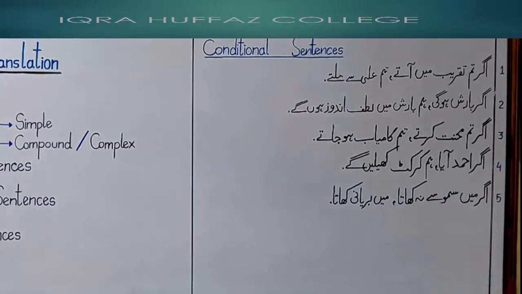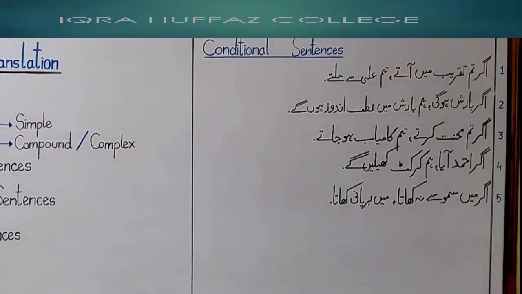If a conditional sentence talks about present or future, then you have to see that if you remove agar from the sentence, whether it talks about past or future. If it talks about past, if agar sentence talks about past, this is type 2. If agar sentence talks about future, this is type 1.